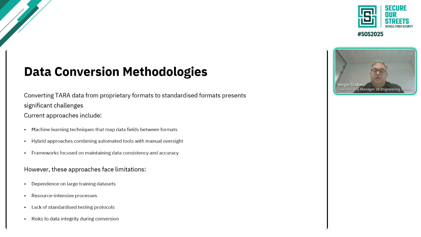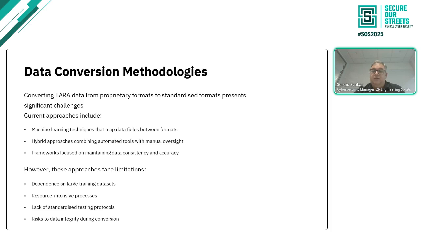Hybrid approaches combine automated tools with manual oversight, and frameworks focus on maintaining data consistency and accuracy. However, these approaches face limitations: dependency on large training datasets, resource-intensive processes, lack of standardized testing protocols, and risk to data integrity during the conversion.